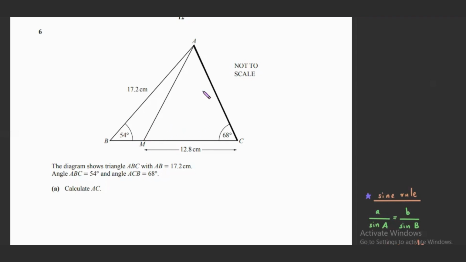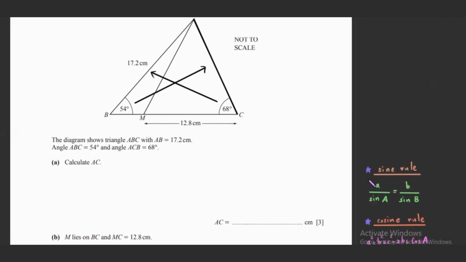Now, in this case, to find AC, we're going to make use of the sine rule, because the side opposite to this angle is known. The side opposite to this angle is what we are supposed to find, that is AC. So we need to make use of the sine rule to find what this AC is. Sine rule is where we write the side lengths on top and their matching sine angles at the bottom.